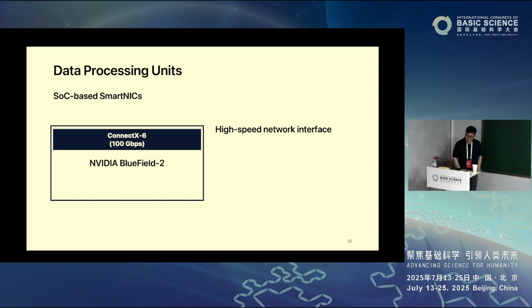First, every DPU has a very high-speed network interface. On BlueField 2, we have a ConnectX-6, which provides 100 gigabit network speed. A DPU also has a multi-core energy-efficient CPU. On BlueField 2, there are 8 ARM A72 cores.